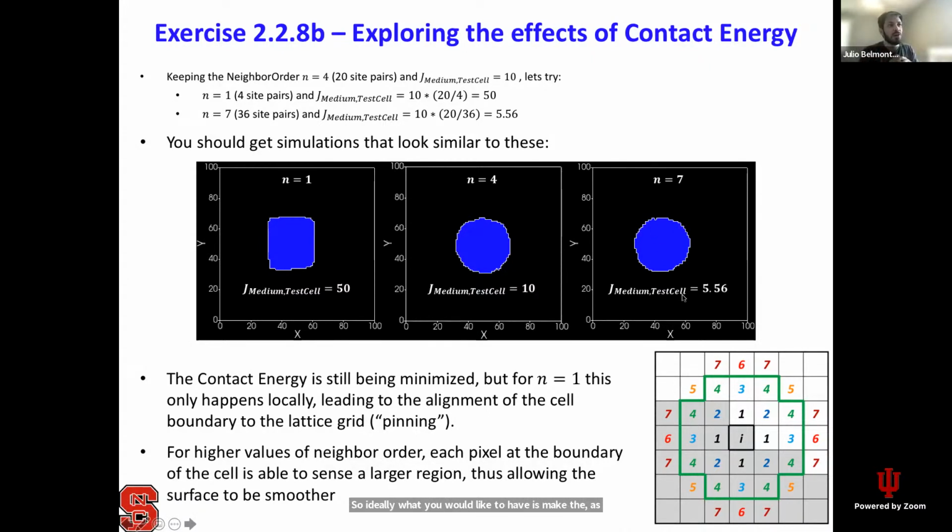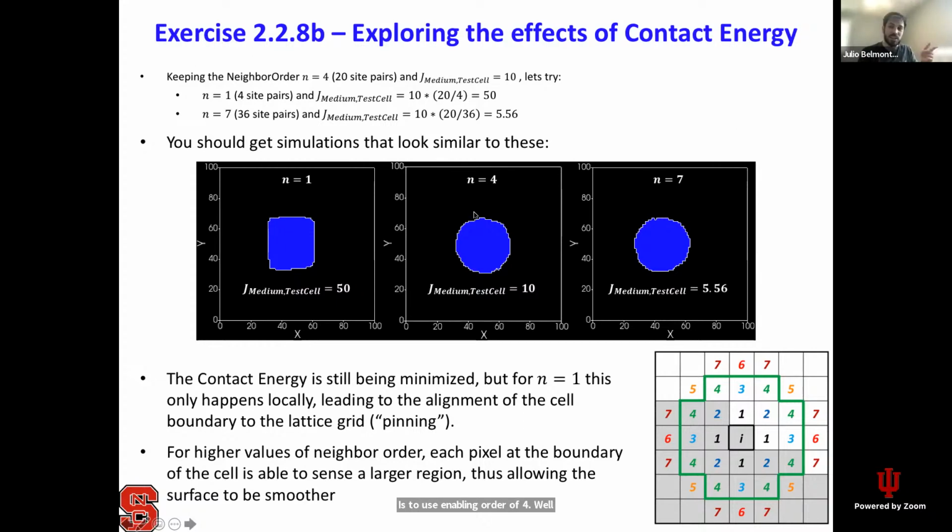However, there are two problems. The higher you make your neighboring order for your contact energy, the more sites you're summing for each spin flip, so you're actually slowing down your simulation. You don't want to do that. So the best compromise in 2D is to use a neighboring order of 4.